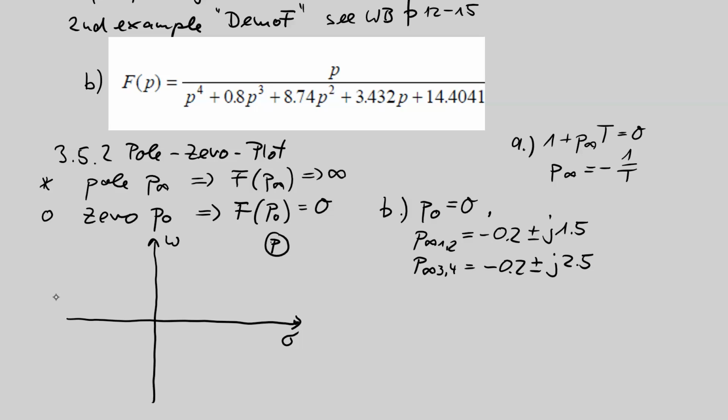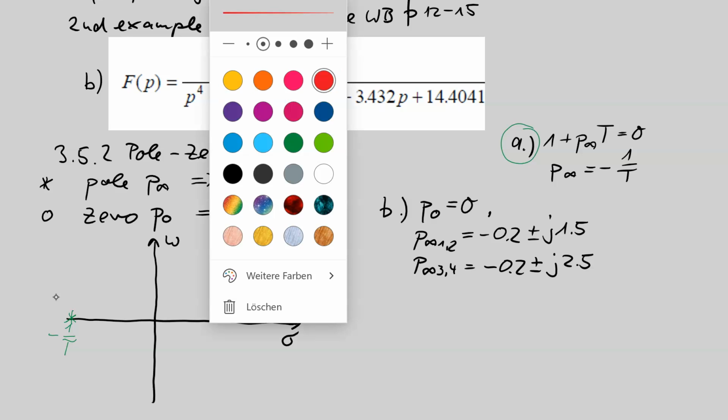And if we do this in different colors, case A is displayed in the way that we can say, okay, there is a negative real pole at the distance minus 1 over T, and we mark this with red.